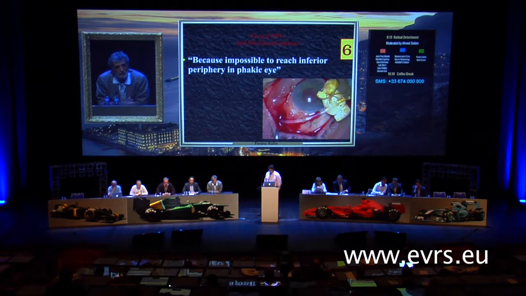So the next dogma, if you recall, that's how I went through it on Sunday, is that if you need to attack or deal with a retinal detachment where the break is inferior, then you really have to add a buckle in the phakic eye. And the rationale given is because it is impossible to reach the periphery inferiorly in the phakic eye.